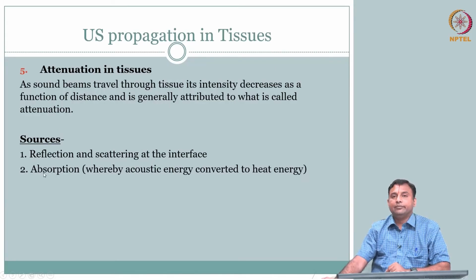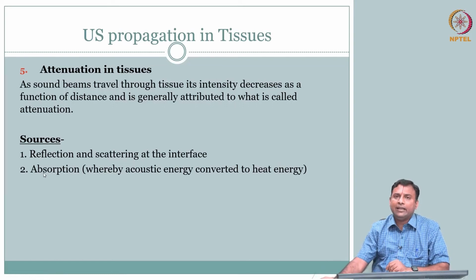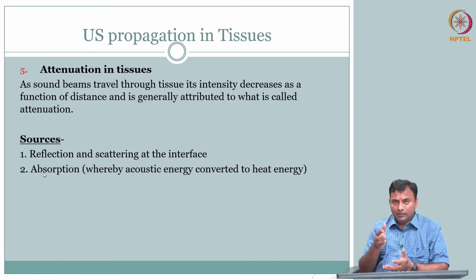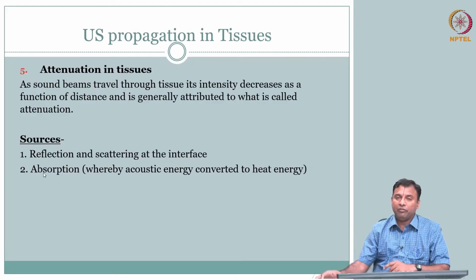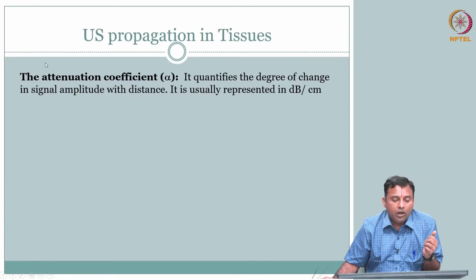Absorption is where the acoustic energy is getting converted to heat energy. After all, you have particles that are mechanically moving, so there is going to be friction, and there is going to be loss due to absorption. Typically what we call the attenuation coefficient quantifies the degree of loss in amplitude with distance.